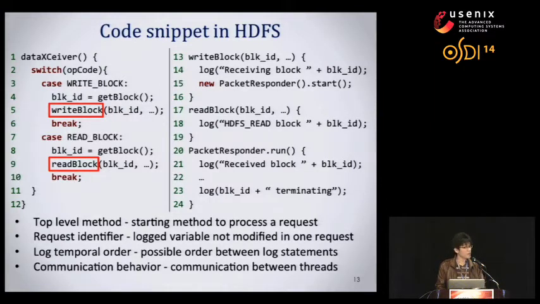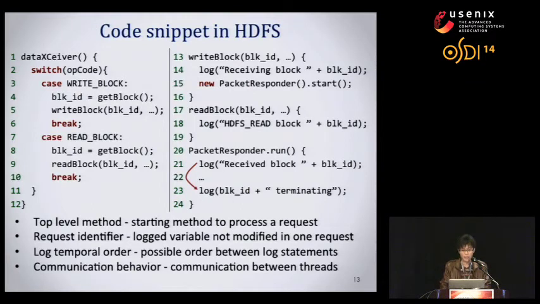And the third information we need is the log temporal order, because we further want to differentiate requests that are of the same type but print the same request identifier. We define it as a possible order between log statements in one thread, such as the consecutive order between the two log messages in packet responder.